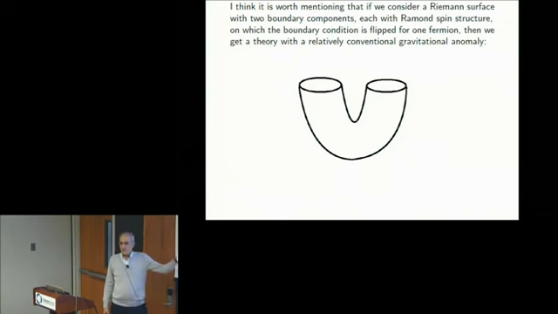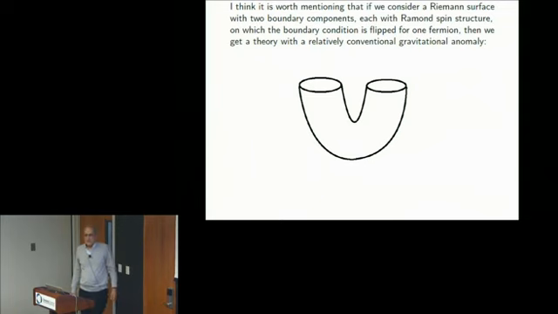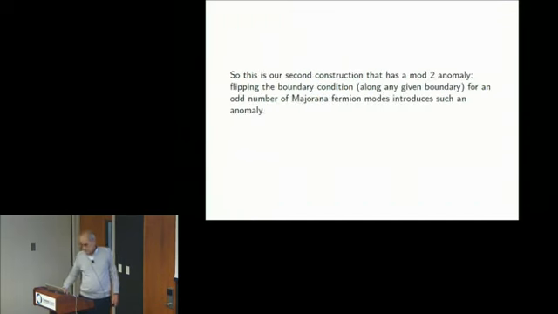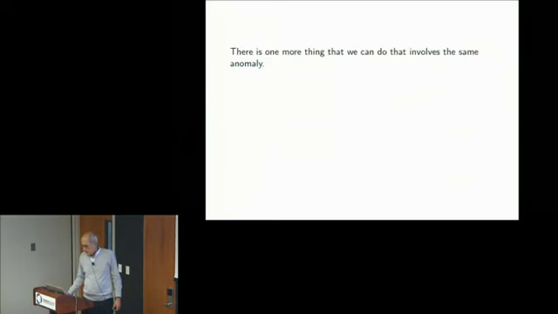You can make a diffeomorphism that exchanges the two circles, so it's trying to exchange the two fermions, and it will reverse the sign of the fermion path integral, since those two 0 modes anti-commute. So that's our second construction with the mod 2 anomaly. Flipping the boundary condition for an odd number of Majorana fermions induces such an anomaly.